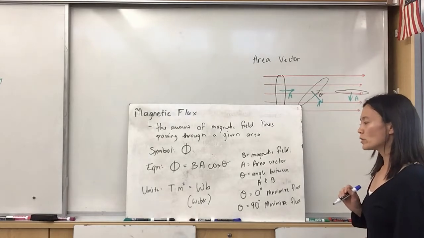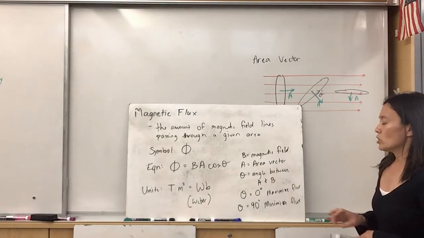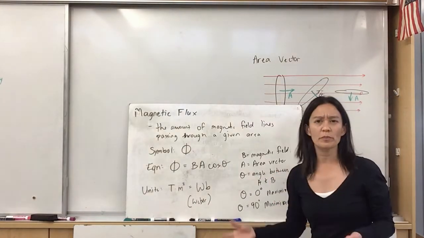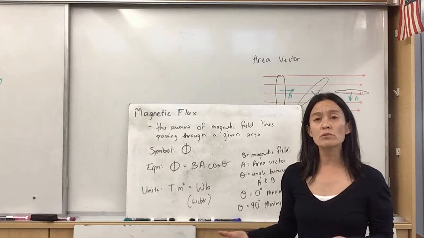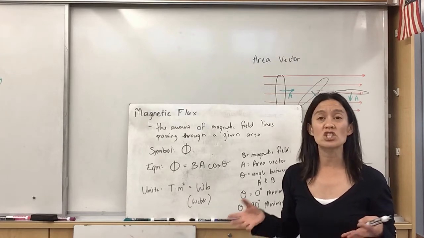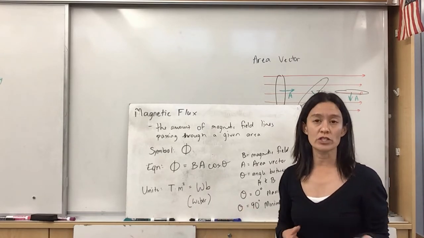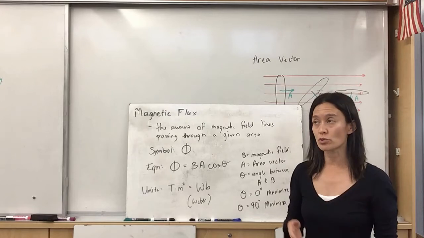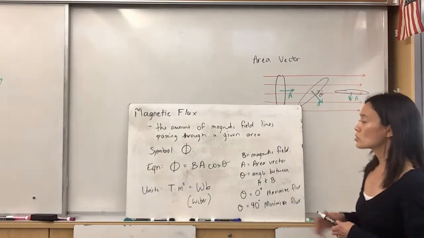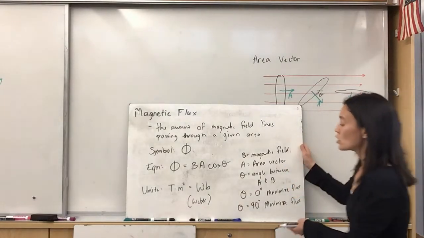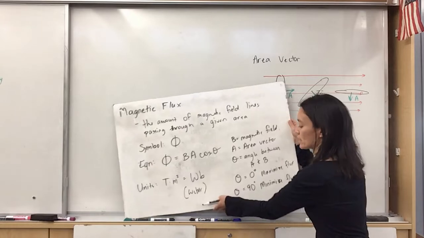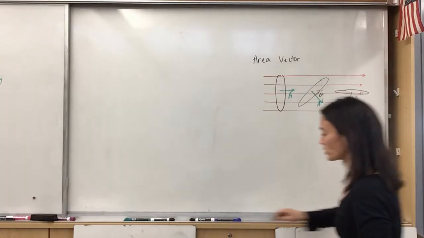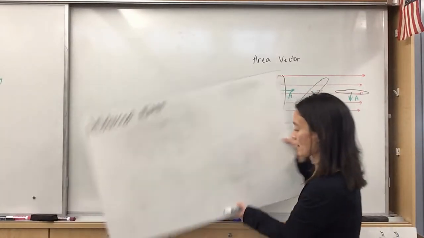And oftentimes we don't necessarily find out the pure magnetic flux, but we use the idea that if the magnetic flux is changing for a conductor, then I'm going to have an induced current. So with this idea of magnetic flux, we get into the bigger idea of something called the induced EMF.